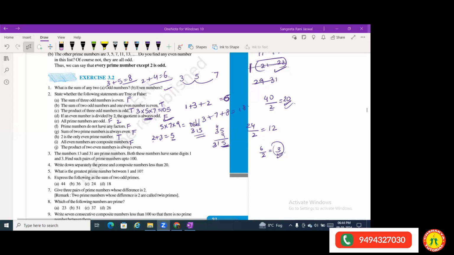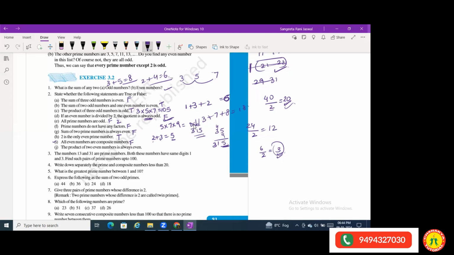Okay. We were on this one. All even numbers are composite numbers. Is it? No, ma'am, because there is an exception of 2. There's a 2 and it's a prime number. Yes. The next is: the product of two even numbers is always even.